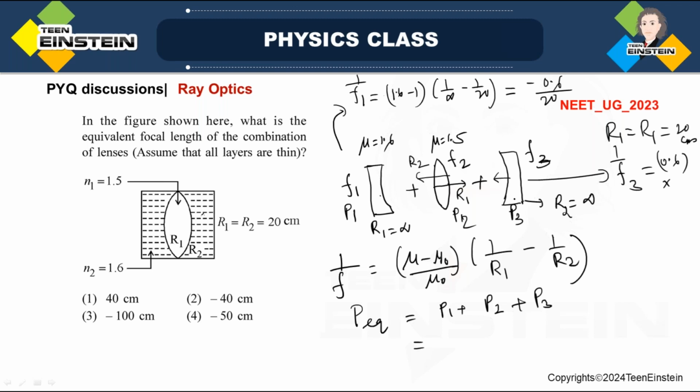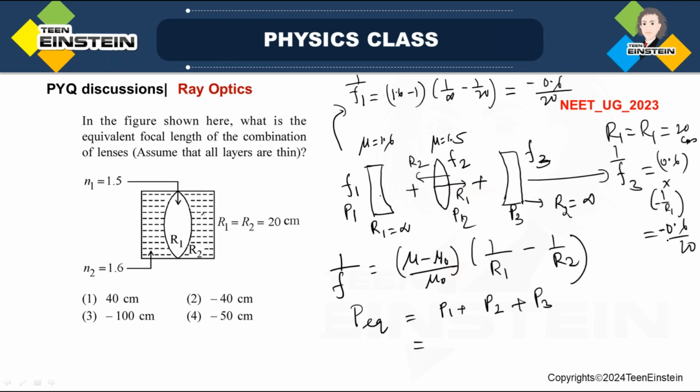So for this particular lens, I get 1 over minus R1 minus infinity. So minus 1 over infinity is 0. So you will get minus of R1 is 0.6 by 20 only. So R1 is also 20. So I get minus 0.6 by 20.